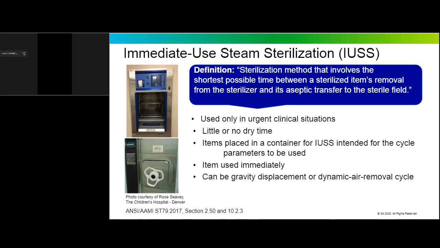Finally, with IUSS, we still see both gravity and dynamic air removal cycles being used, with a real trend, I would say, over the last 10 years or so, toward the use of closed containers for IUSS, because that's what both AAMI and AORN recommend, and also toward the more efficient method of air removal, dynamic air removal, specifically pre-vacuum cycles.